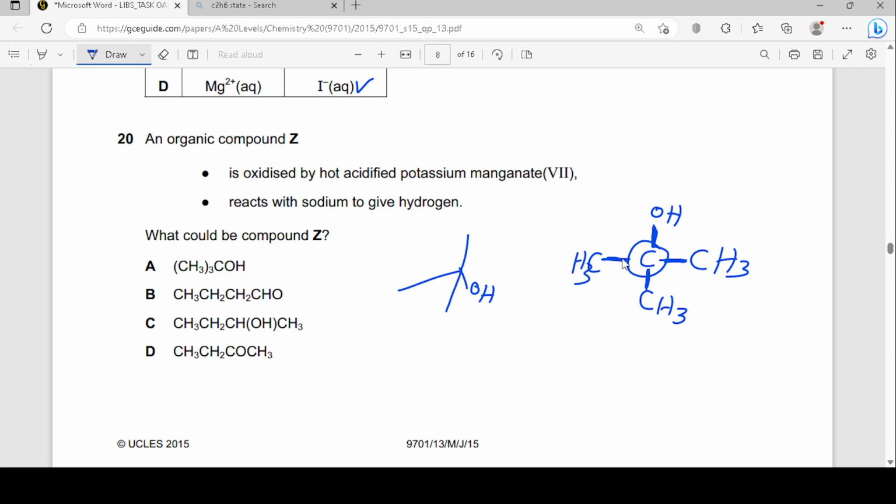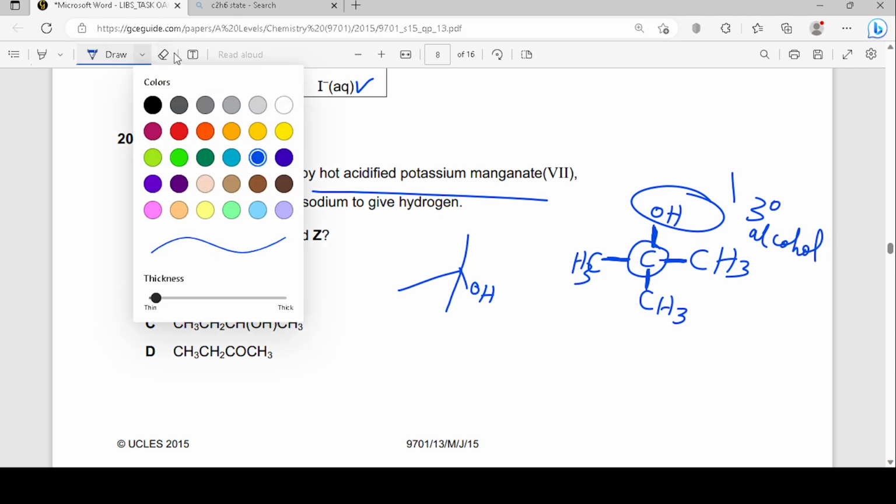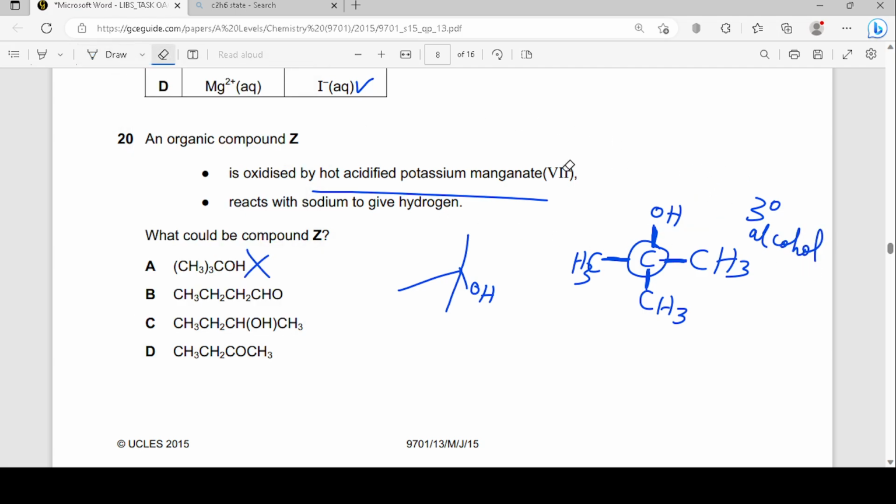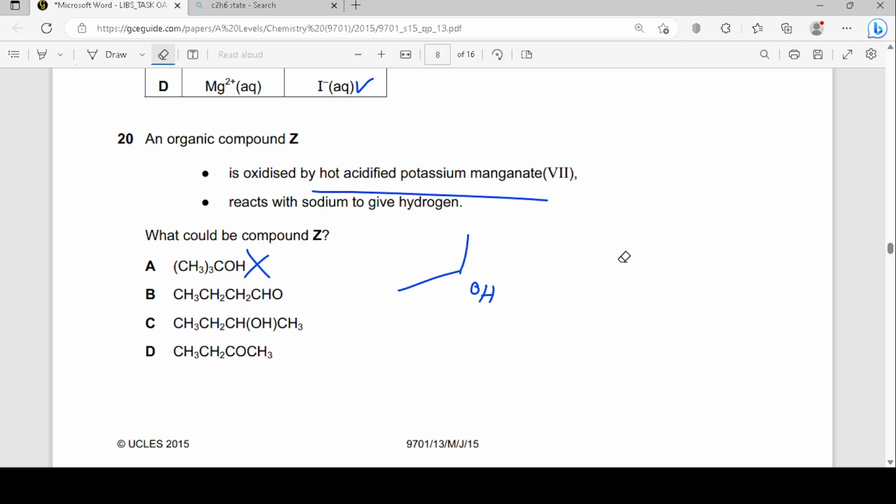So it cannot be oxidized because it's a tertiary alcohol, 3 degree means tertiary. It does react with sodium to give hydrogen definitely because it's OH, right? So it can become ONa, but the fact remains that it cannot be oxidized. Therefore, A is not the correct answer.